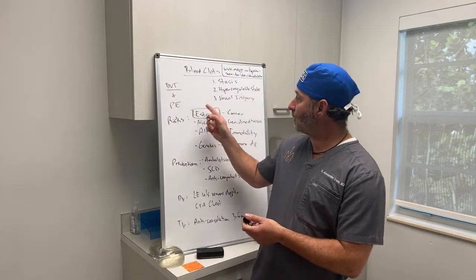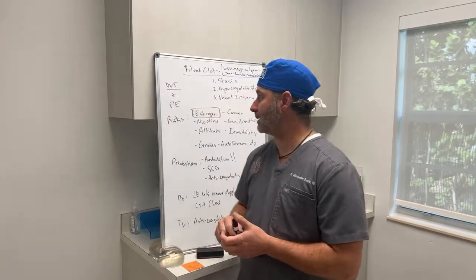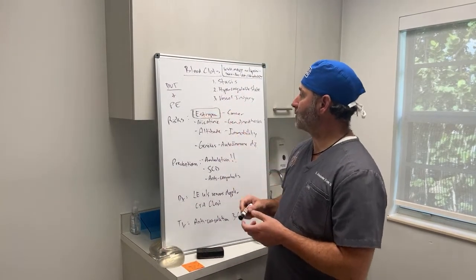That's why we have all our patients stop any estrogen-based contraceptive, whether it's oral, injected, implanted, anything with estrogen. You have to stop that 30 days before surgery up until 30 days after surgery. That is a requirement, and we tell all our patients to do this.